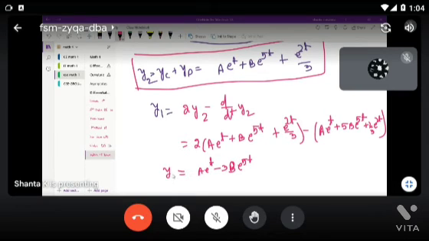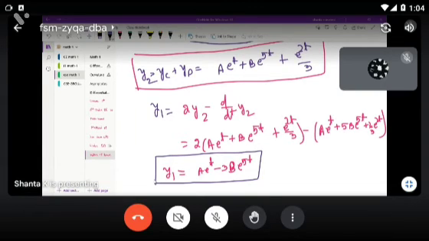So this is your solution for y1. This is how we are getting our solution. It's an easier one. It's a differential equation, but we are trying to eliminate one variable and solve for the other one. Whatever value we get, we again substitute in the equation and find it, like solving a system of linear equations. This is also the same process.